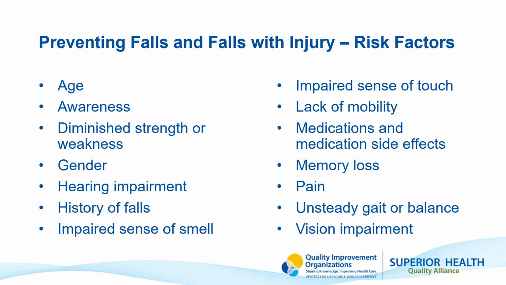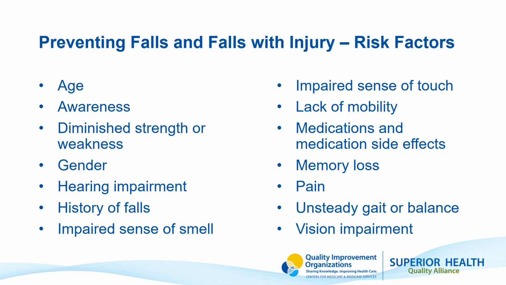Pain. Pain or discomfort coming from a physical condition, clothing, or equipment, such as poorly fitting shoes, can cause unease and agitation, adding risk. Vision impairment or loss can lead to not seeing a tripping hazard such as a toy, rugs, equipment, furniture, cords, and more.